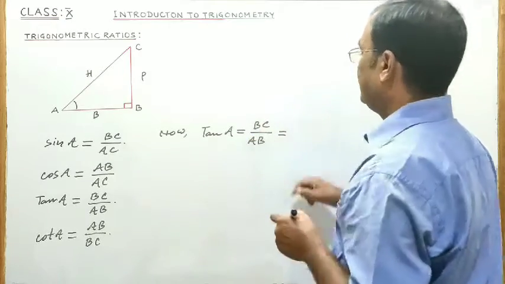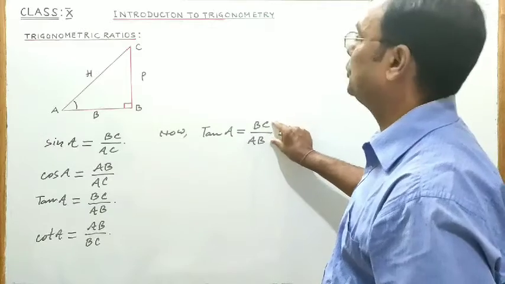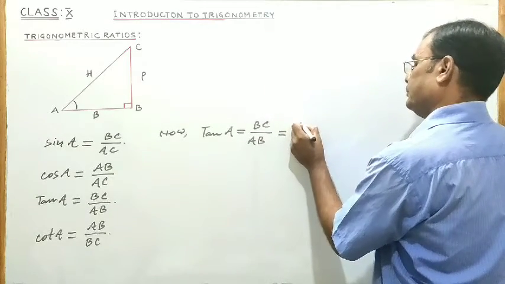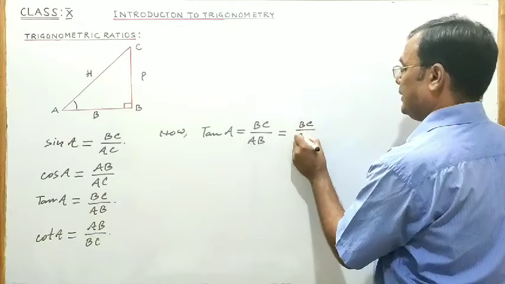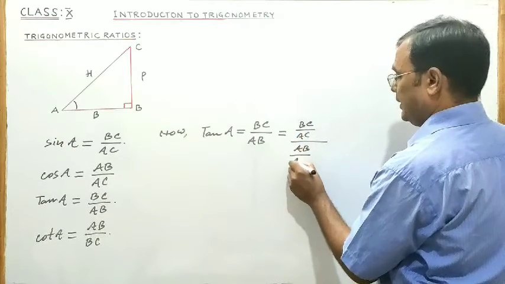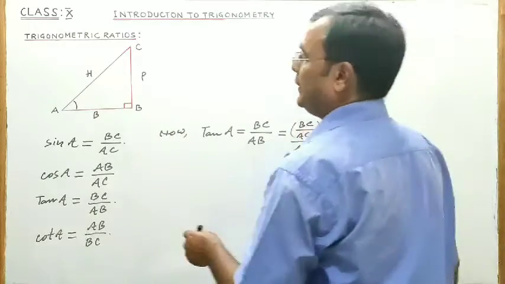Let us divide BC and AB both, that is numerator and denominator both, by AC. So BC by AC upon AB by AC. Now what is BC by AC?